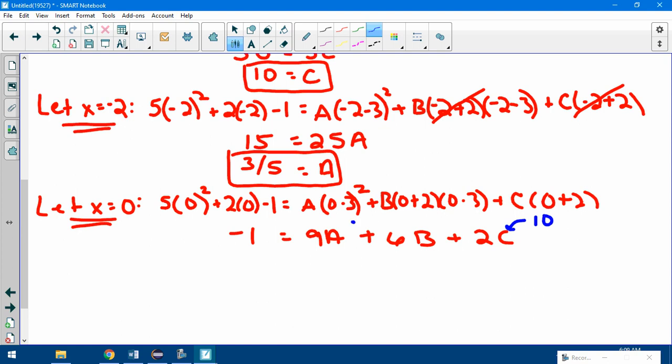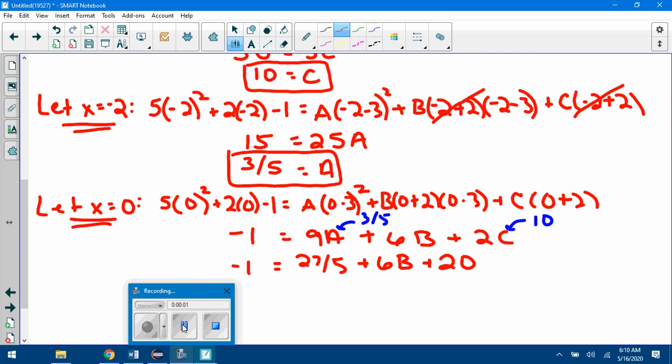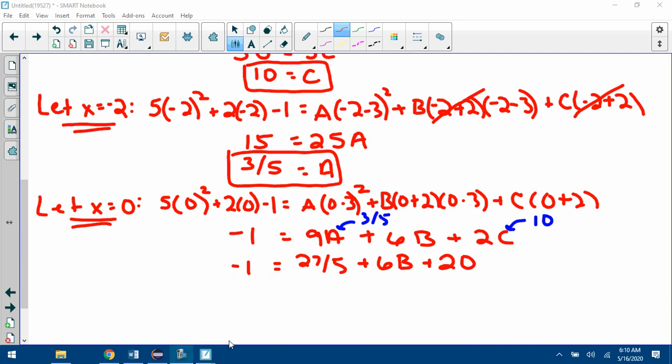You know that a is 3/5. So you can plug those in also and then solve for b. You might remember yesterday we needed matrices. That doesn't come into play here. This is just going to be 27 over 5 plus 6b plus 20. Okay, so let's solve this. Yeah, let me grab my calculator here.